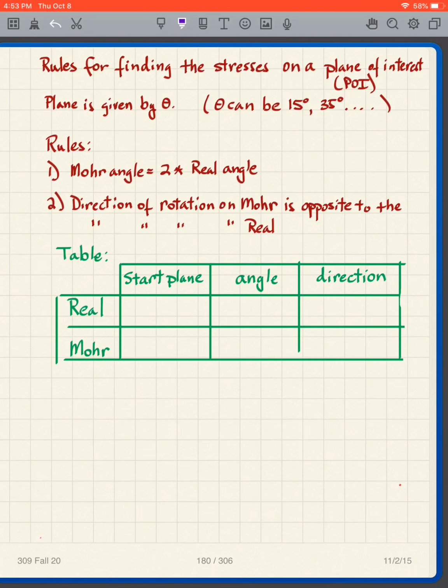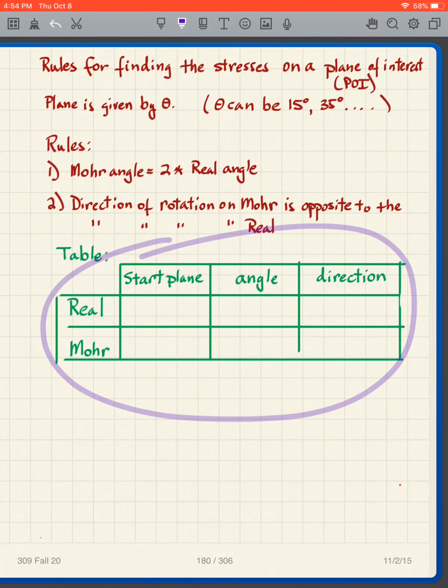If you look in the literature, at different textbooks, you'll see at least 5 or 6 different ways to do this. I've just found this way to be the easiest, where students make the fewest mistakes. There are other ways out there. If you want to use a different way, that's fine, but I guarantee it's going to be confusing no matter what. I just find that this is the easiest.